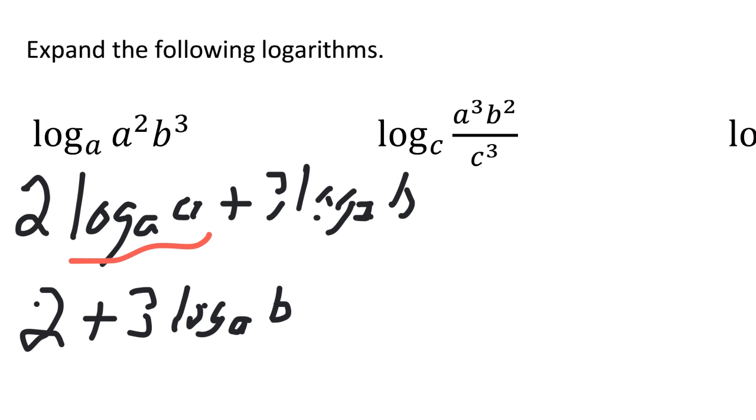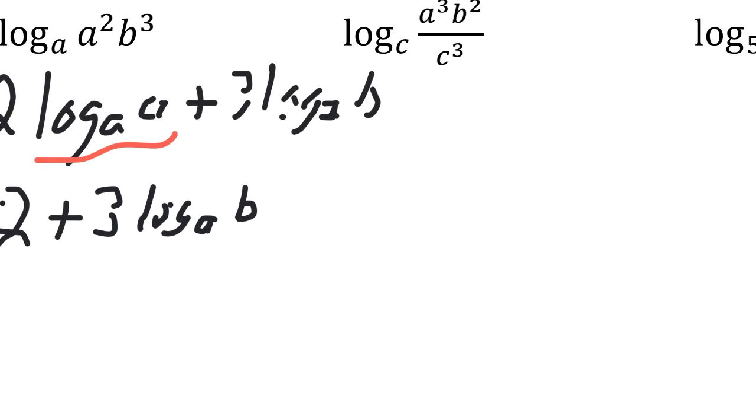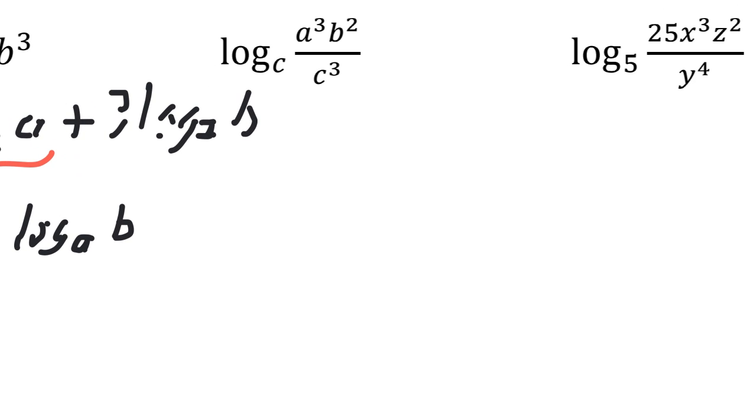Next one, we've got a little bit longer. We've got an a cubed, a b squared, and a c cubed. So let's see if I can make some room here. Try to do this problem. And we'll do it down through here.